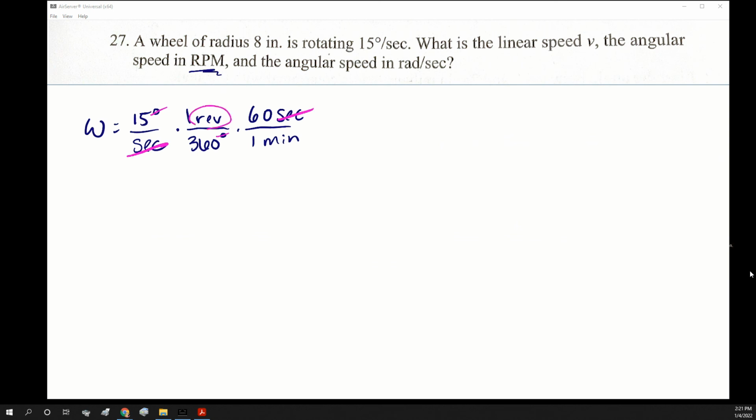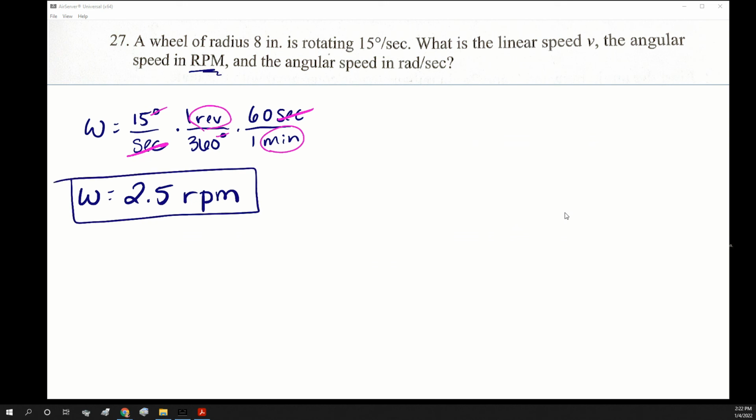And I'll be left with revolutions per minute, which is what I wanted. All right. So what we would do is 15 divided by 360 times 60. And when I did that earlier, I got 2.5 revolutions per minute. So that's one of your answers for 27.